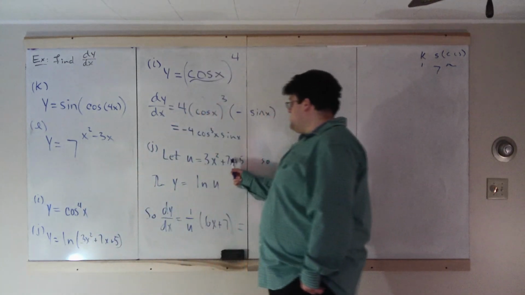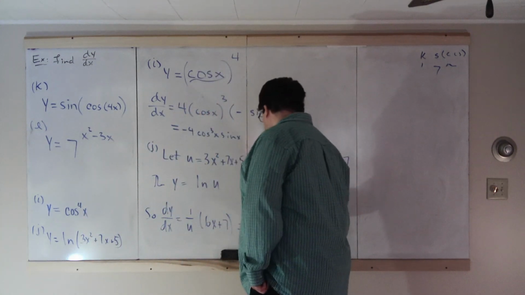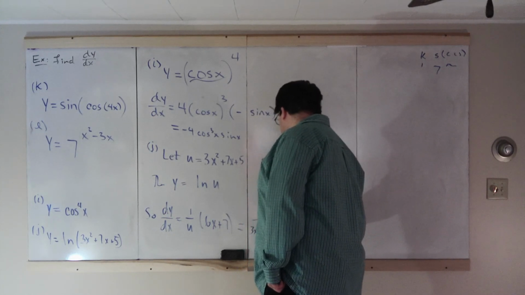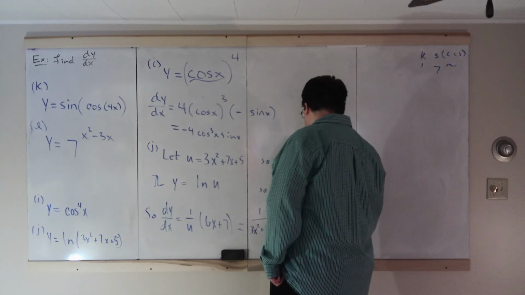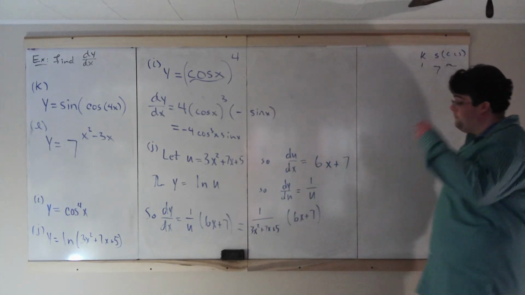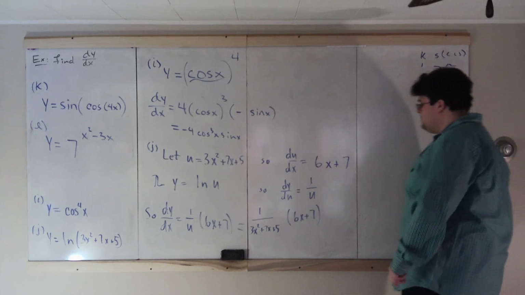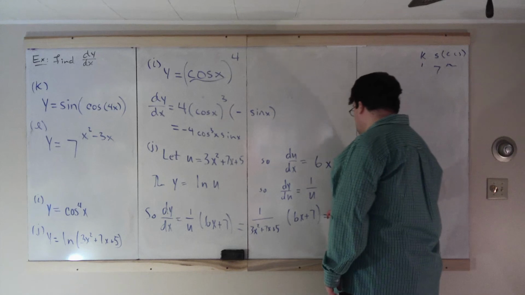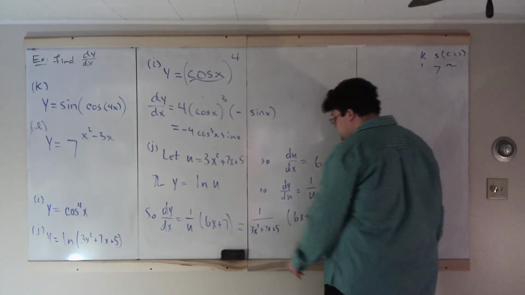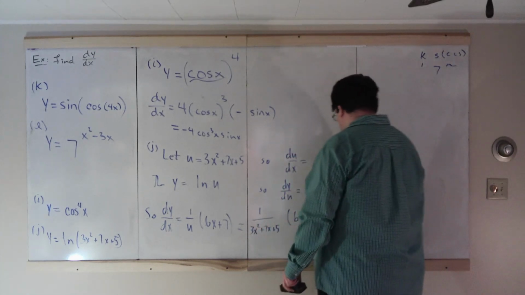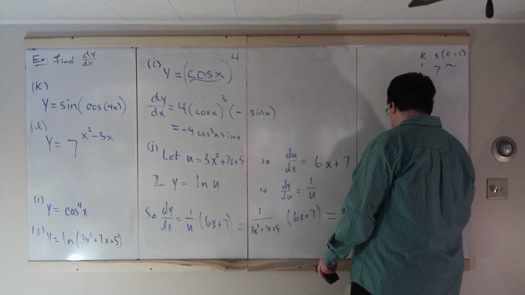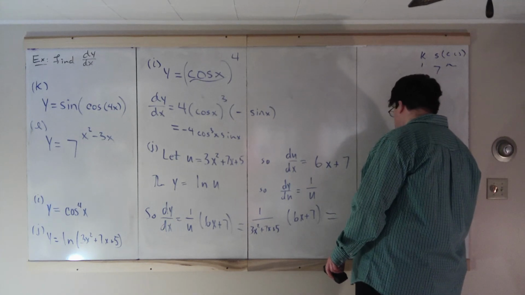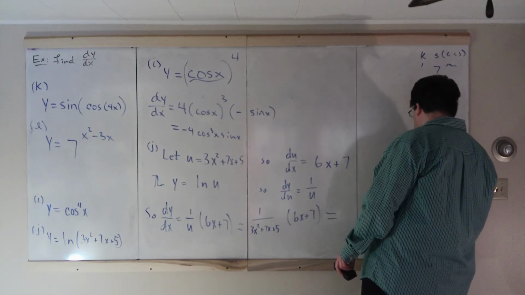Well, let's get rid of u. So it equals 1 over 3x squared plus 7x plus 5 times 6x plus 7. And let's just write that as one fraction. We will see for a couple topics that writing this as one fraction will help us. As one fraction, it's 6x plus 7 over 3x squared plus 7x plus 5.